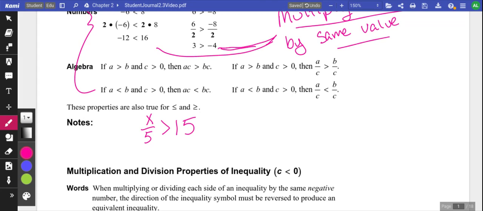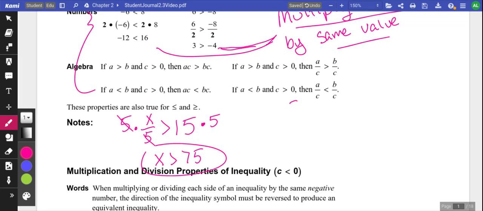I know I'm dividing by 5 right now, so to undo that, I want to multiply each side by 5. Okay, so these 5s cancel out. I get x is greater than 75. There's my final answer. Don't flip the sign. I don't need to do anything else. My solution is x is greater than 75.